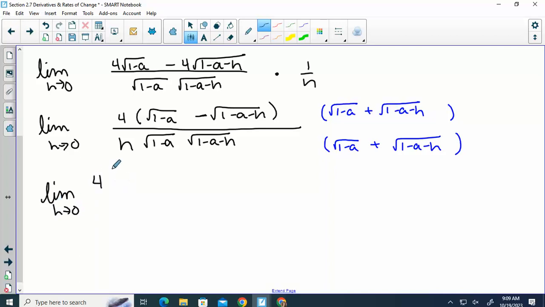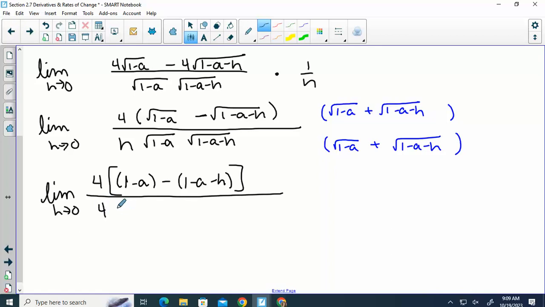So we have the 4. Alright, when I multiply these out, the 1 minus a, so I multiply those, the square root cancels. When I multiply those, the square root cancels. On the bottom, I'm not going to multiply out any of it. I just want to leave it all.